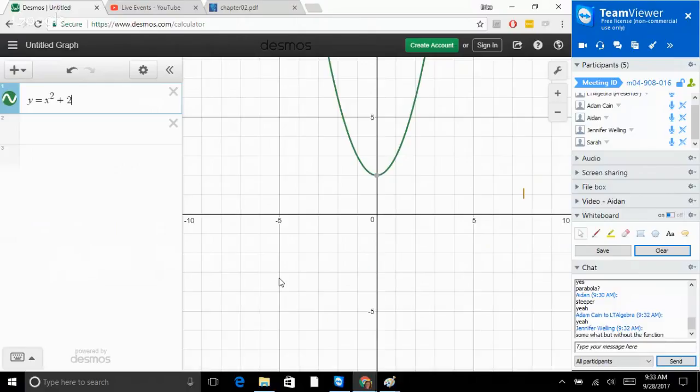I think it was 1/5. Oh, no. Yeah, maybe. 1/4. When we were talking about shifting, reflecting, and stretching, right? When we add a number outside of the function, then the graph shifts upward. When we subtract a number, what do you expect to happen?